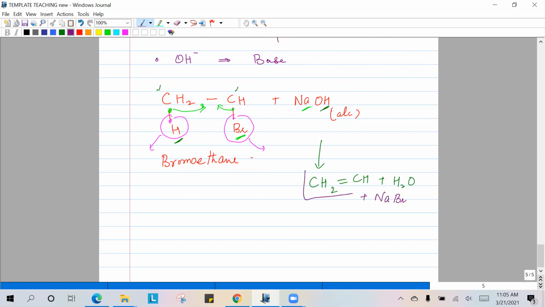So you have your alkene form, you can call it ethene. So you start with bromoethane, you end up with ethene. So this is an elimination reaction. Why? Because over here, H and Br atoms are eliminated.